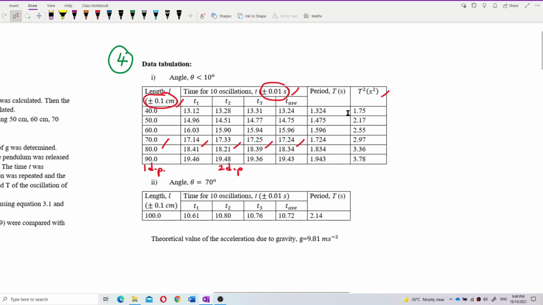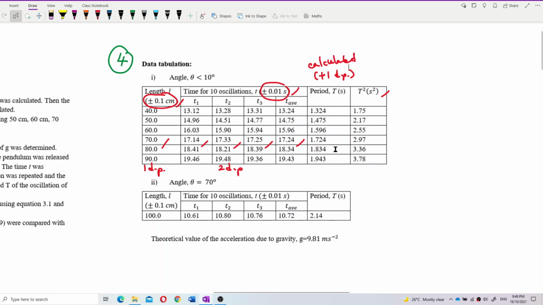And then the calculated value. For the calculated value, you can add 1 extra decimal point.